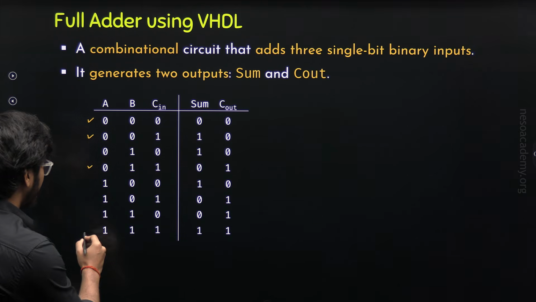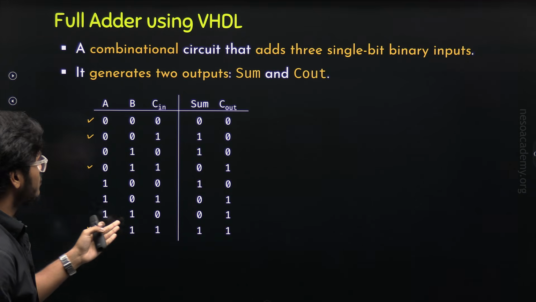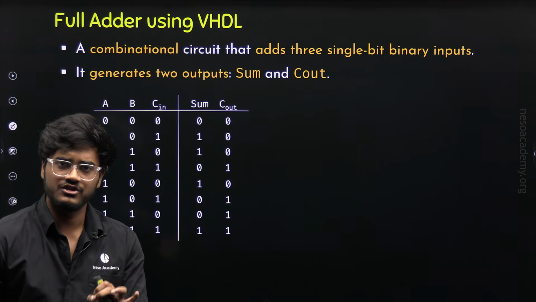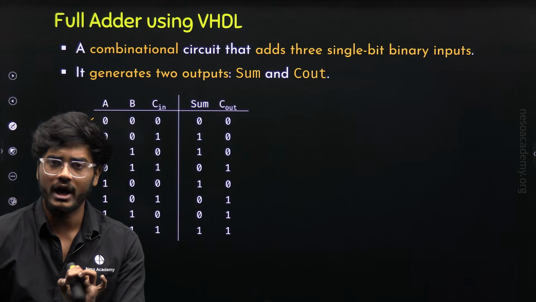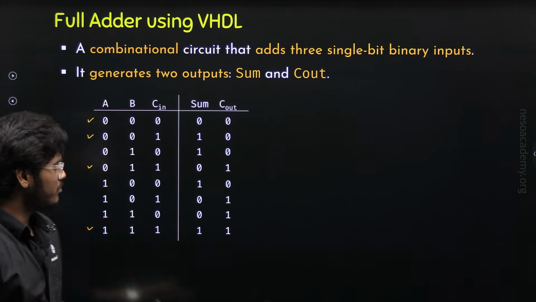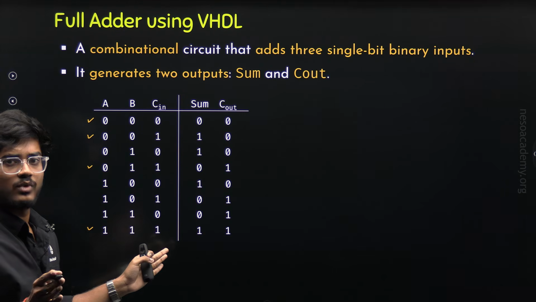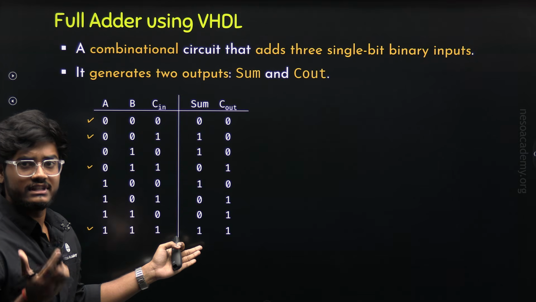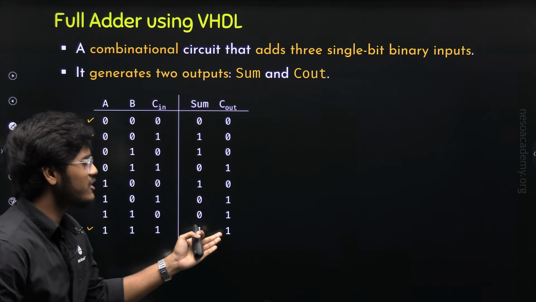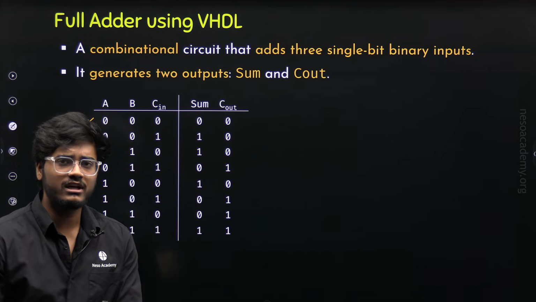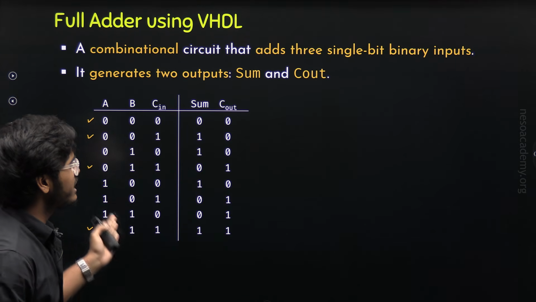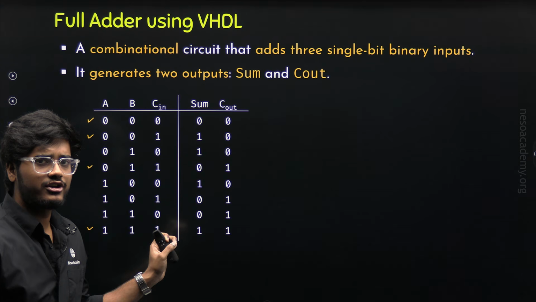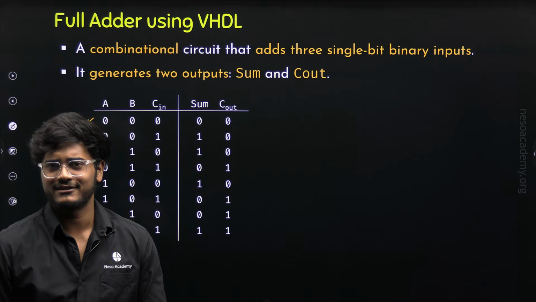Now let's verify the last combination, 1, 1, 1. 1 plus 1 will give sum 0 and carry 1. Now this sum 0 plus this 1 will give the final sum 1, and we already have the carry, which is our final carry 1. And similarly, you can verify the remaining combinations as well. So, I hope you understand the truth table of the full adder.